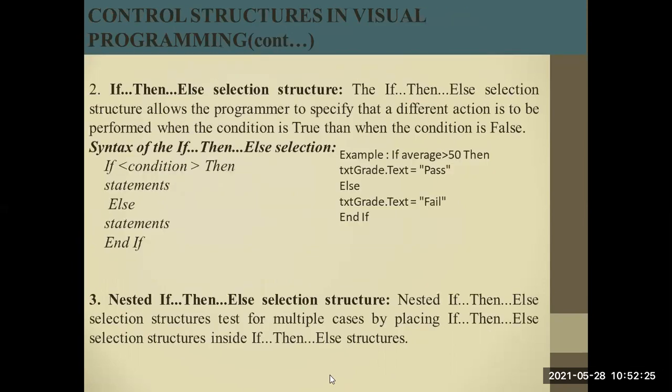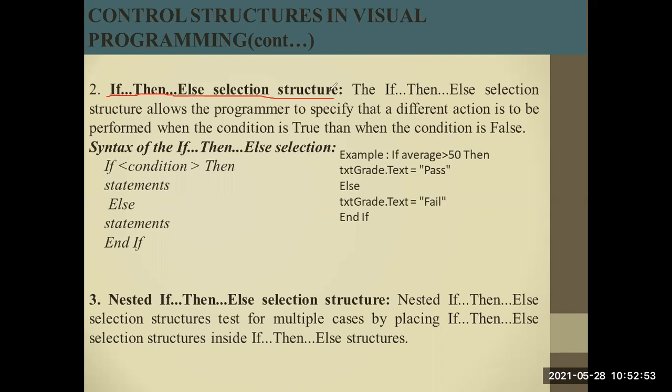Now the second control statement is called the if-then-else selection structure. In the if-then-else selection structure, we have two actions to perform, based on whether the condition is true or false. If the condition is true, we perform the then action, and if the condition is false, we perform the else part.